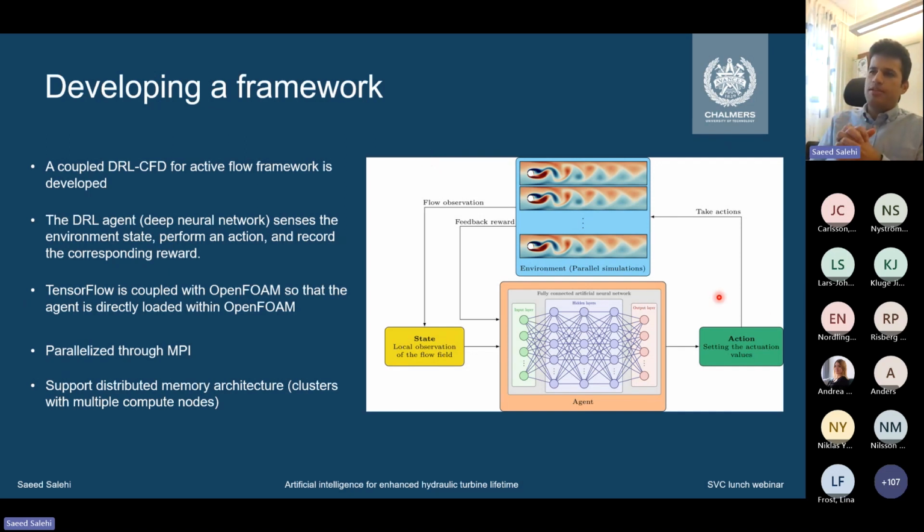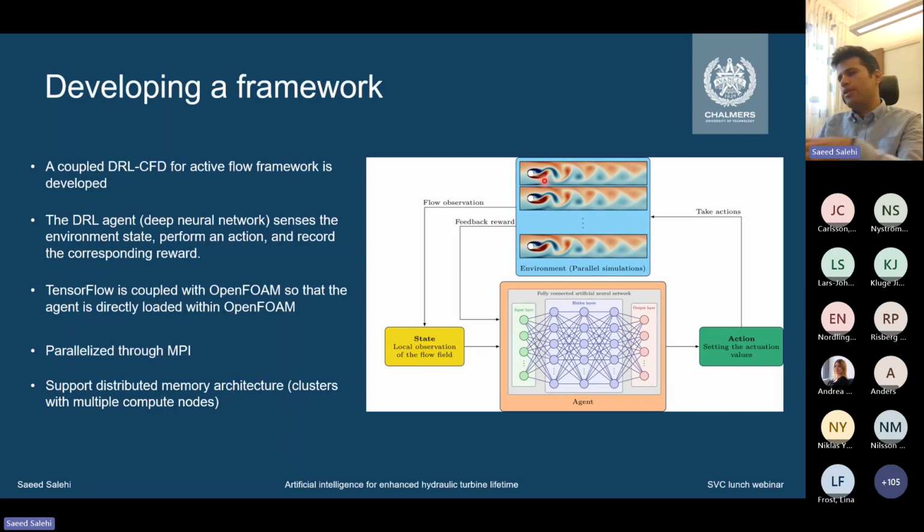In this particular case, I'm using TensorFlow coupled with OpenFOAM. And there are a lot of technical aspects to this framework and coupling that I would like to skip, but if you have any question, we can talk more about that. But one important issue that I spent a few months on is that I parallelized the framework to be able to work with different CFD simulations at the same time. But by parallel, I don't mean parallelizing each CFD simulation.